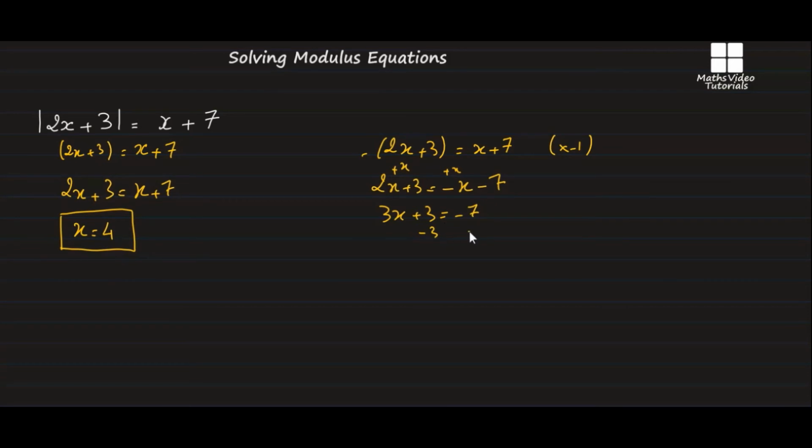Take away 3 from both sides, therefore 3x is equal to negative 10, and we divide by 3. So x equals negative 10 over 3. We keep it as a fraction, and that will give us the second solution. So this is how you solve this type of equation when one side is a modulus and the other one is an expression.